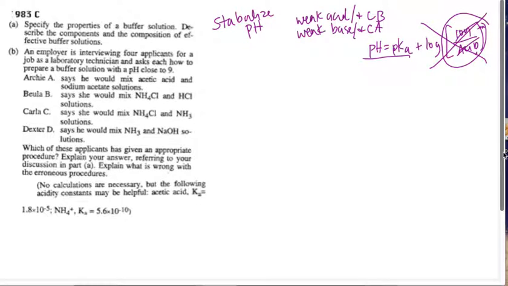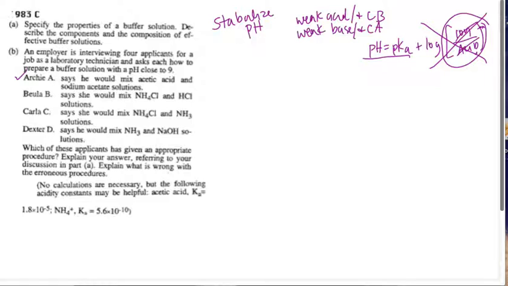So Archie walks in with his red hair and freckles. I think of Archie from Archie Comics. And says he would mix acetic acid and sodium acetate. Is that reasonable? Acetic acid, sodium acetate. Is that a buffer? Yes, that's a buffer.